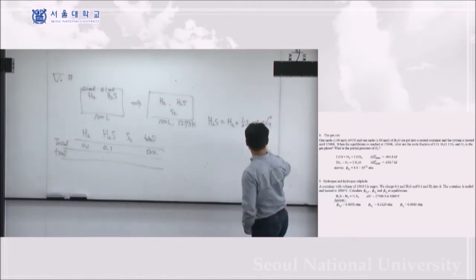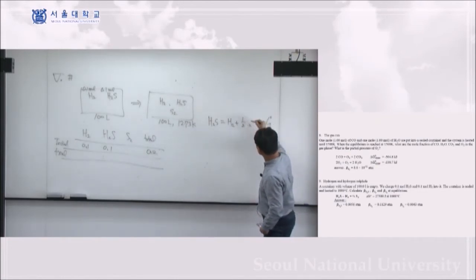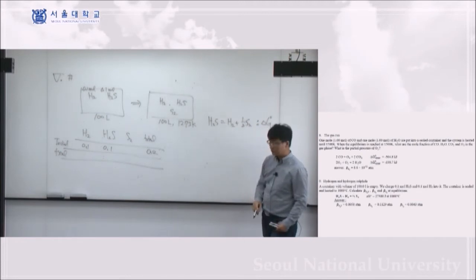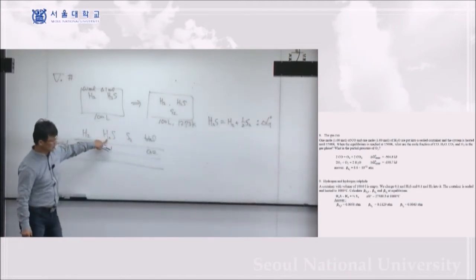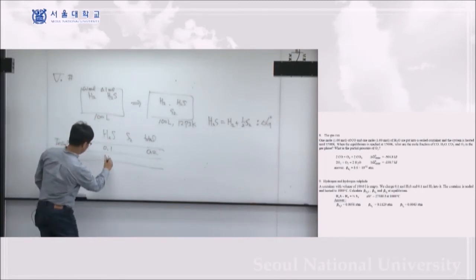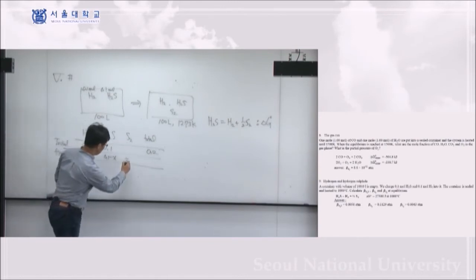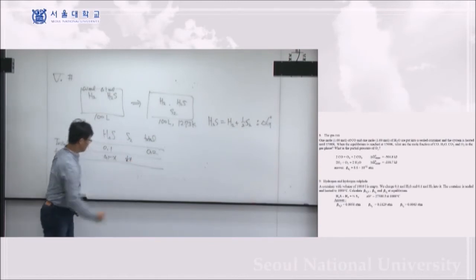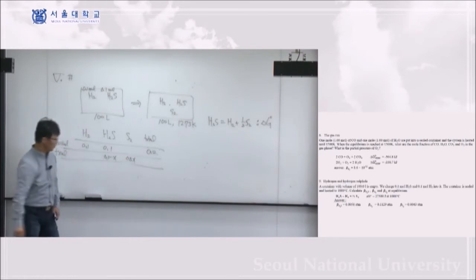So delta G naught is given at 1000 degrees Celsius. So this is the chemical reaction, yeah? It means H2S gas can dissociate, yeah? So 0.1 minus X, and H2 is then half of X, if you like in this way.